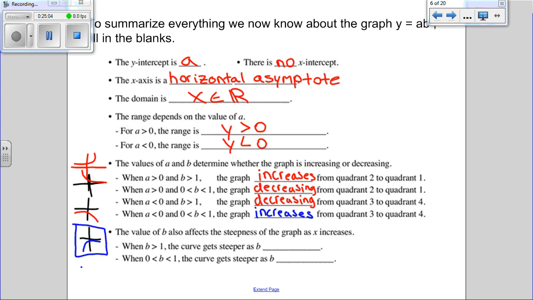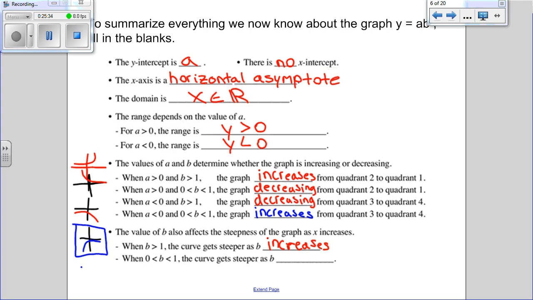The value of b also affects the steepness of the graph. So as b gets bigger and bigger and bigger than 1, we say that it gets steeper as b increases. So the bigger the b value is, the more it increases. That's assuming it's bigger than 1. So the further away from 1 it gets, the more it increases.